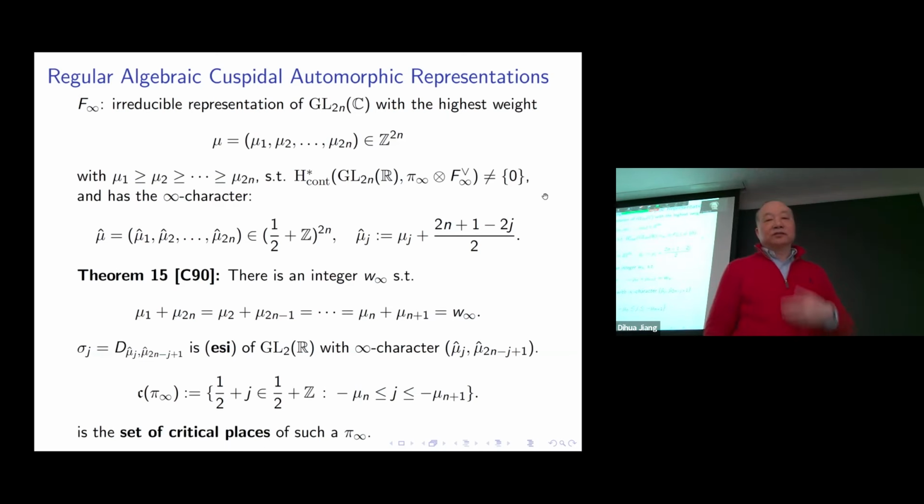Clozel showed that this must look like that. And then the sigmas will be essentially square integrable with the infinitesimal character like this. And then the critical points can be computed in terms of poles of the local gamma factor in the Archimedean, which is like half integer, looks like this.